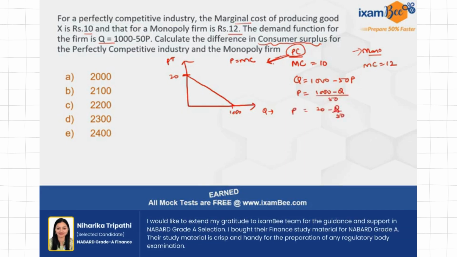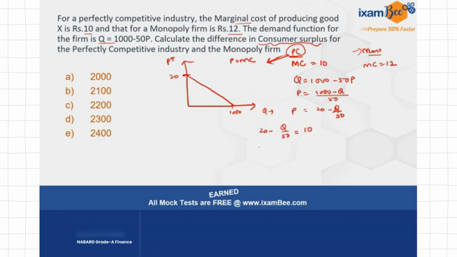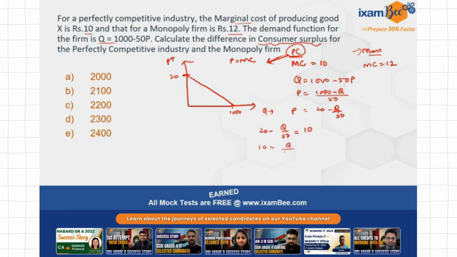This is my price, right? So for profit maximization, I'm going to equate this with the marginal cost, which is 10. So I have 20 minus Q by 50 equal to 10. So this is going to be 10, which is equal to Q upon 50. So I have Q equal to 500, right?